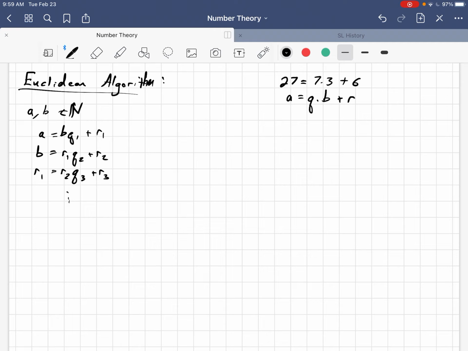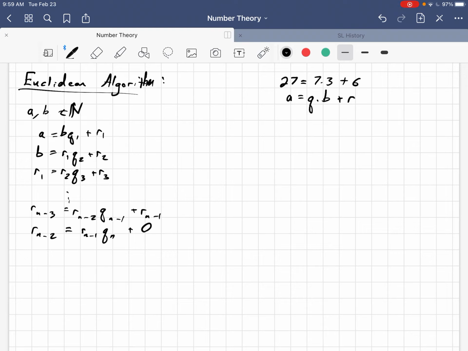And then we would have R sub n minus 3 being R sub n minus 2 Q sub n minus 1 plus R sub n minus 1. And I'm almost done here. We'd have R sub n minus 2 being equal to R sub n minus 1 Q sub n plus 0.